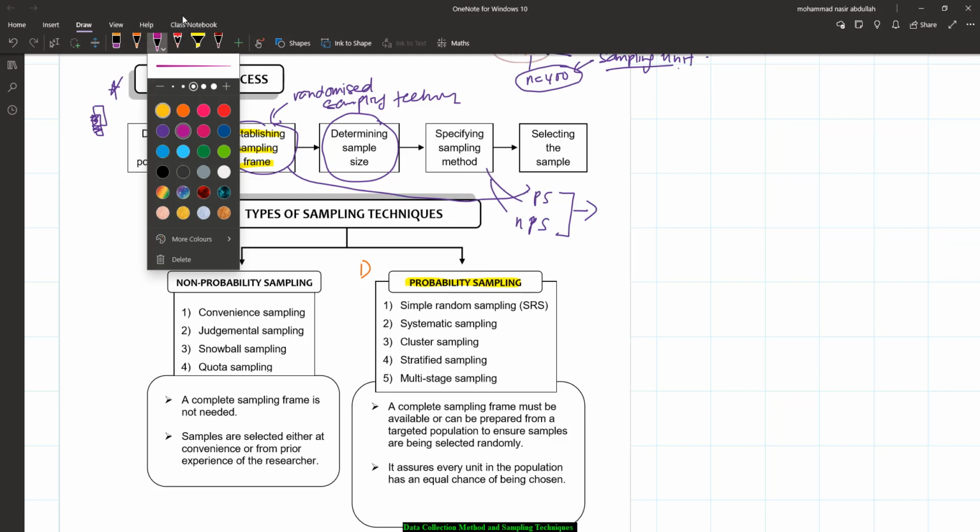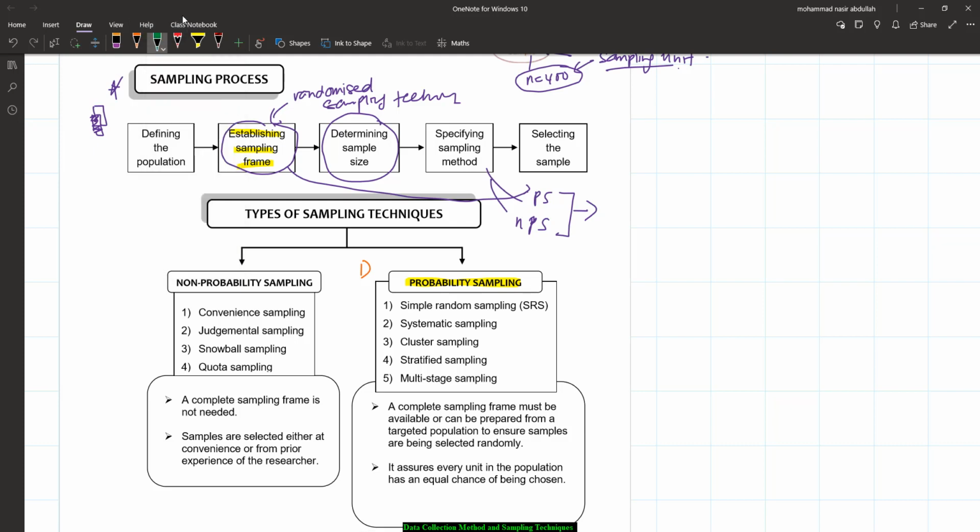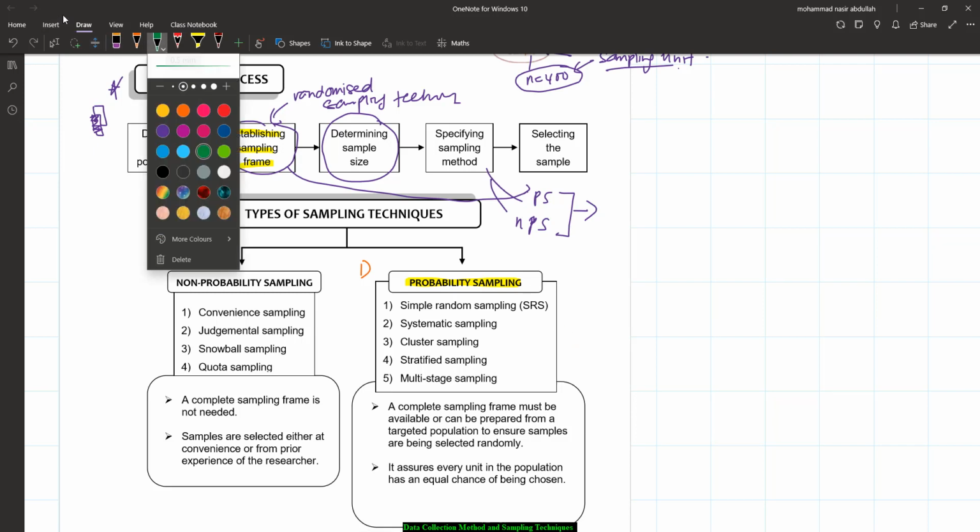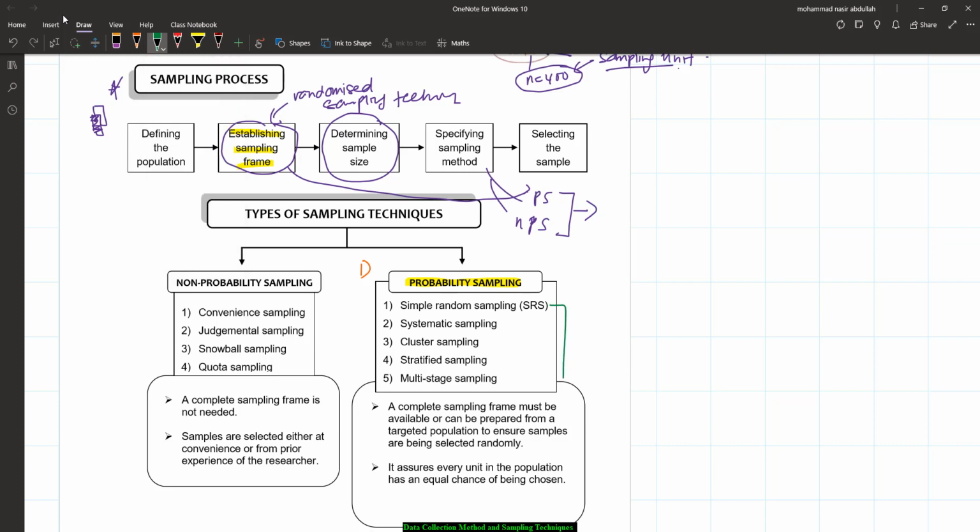Under probabilistic sampling technique we have 5 methods that are usually discussed in most statistical books, but actually there are a lot more beyond this, right? There are many more, but these are the fundamental sampling techniques of probabilistic sampling. Right, the first sampling technique is simple random sampling.